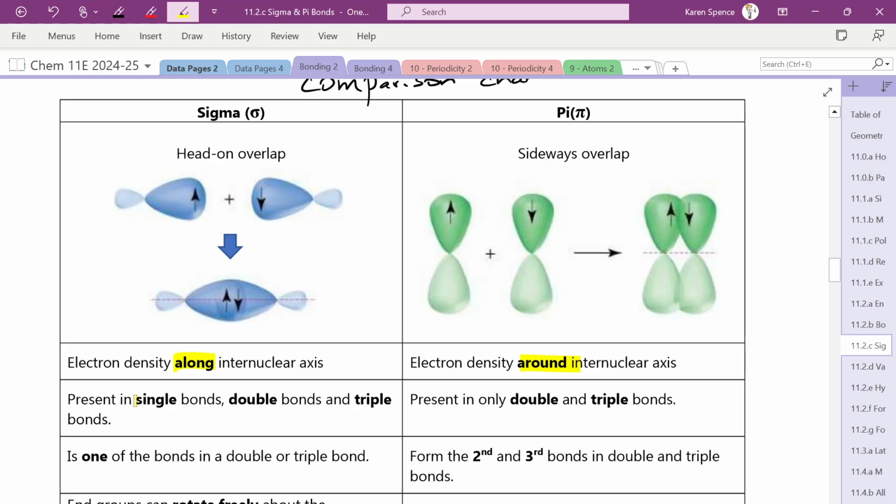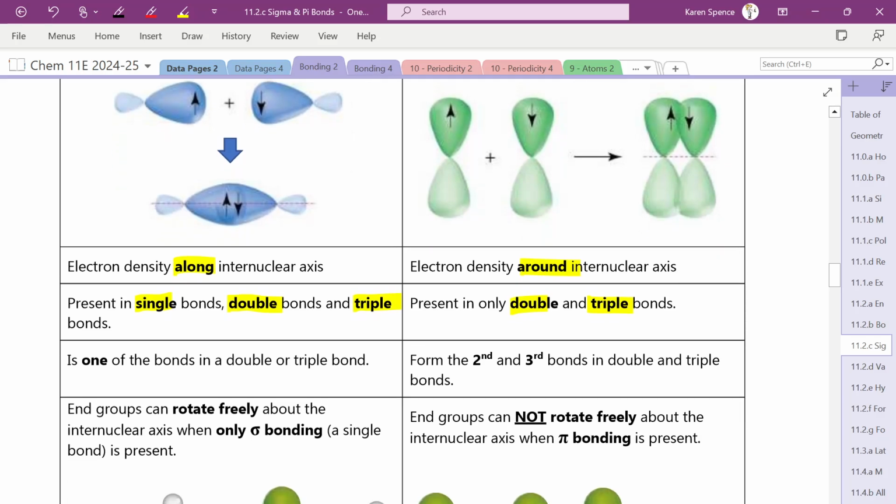Sigma bonds are present in single and double and triple bonds. Pi bonds are present only in double and triple because they're always the second or third bond in a double or triple bond. The sigma bond is one of the bonds in a double or triple bond. Pi bonds are the second and third bonds in the double or triple bonds.